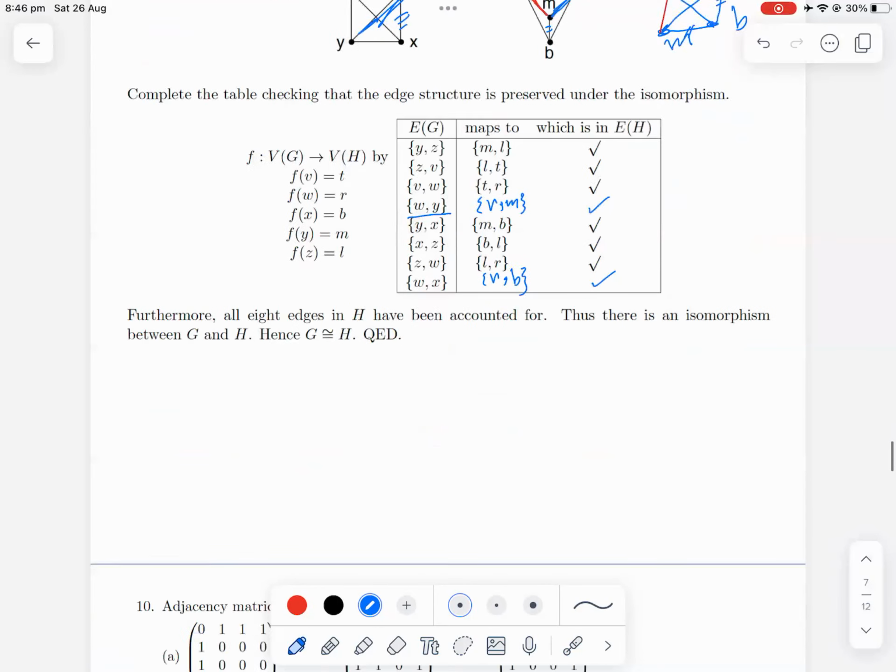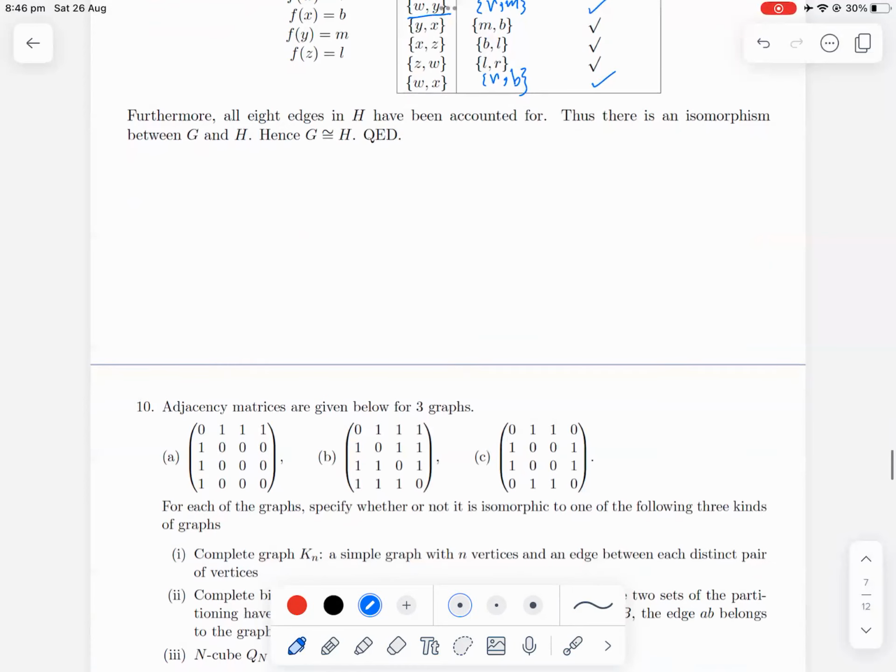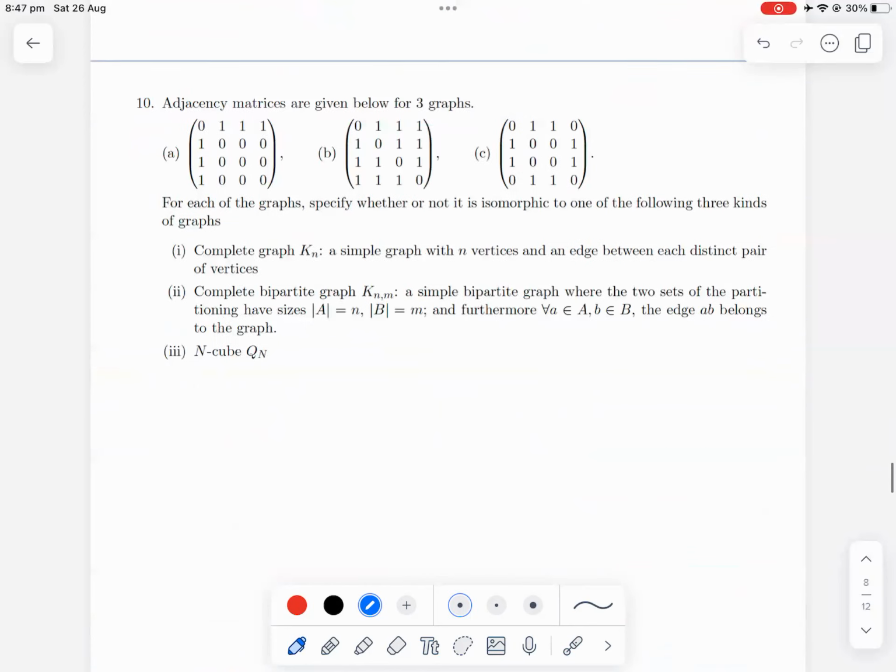All right, just quickly, let's go to the other question. This question asks whether one of these graphs belongs to one of the graphs described here. So let's draw these graphs.